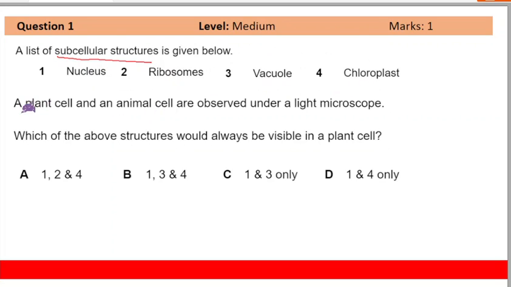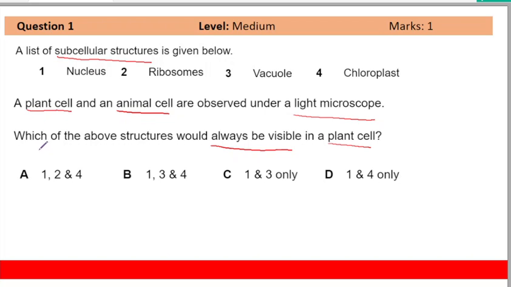A plant cell and an animal cell are observed under a light microscope, right? So which of the above structures would always be visible in a plant cell?